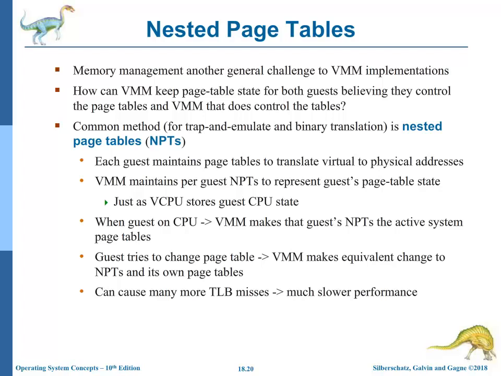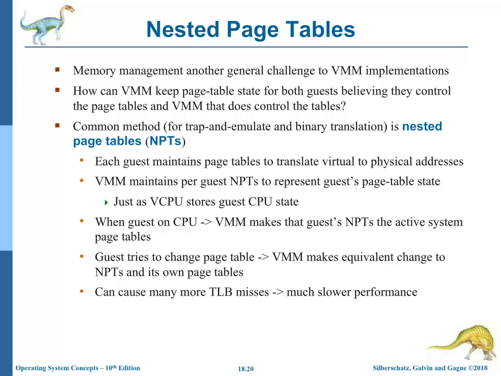A common method used in both trap and emulate and binary translation is to use nested page tables, NPTs. Each guest operating system maintains one or more page tables to translate from virtual to physical memory. The virtual machine manager maintains NPTs to represent the guest page table state, just as it creates a vCPU to represent the guest CPU state.